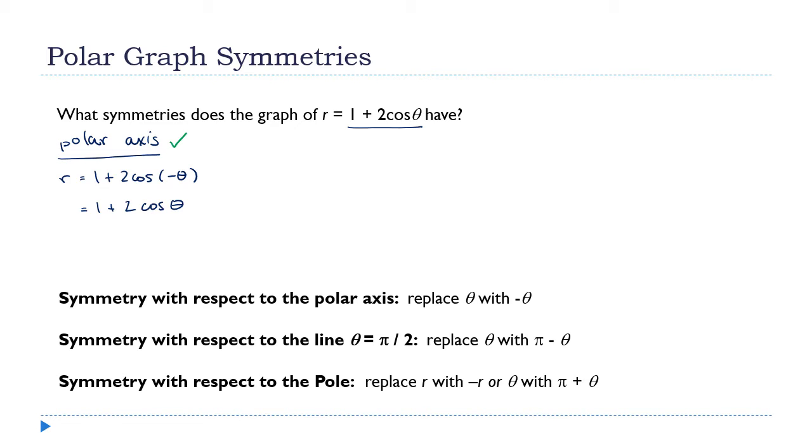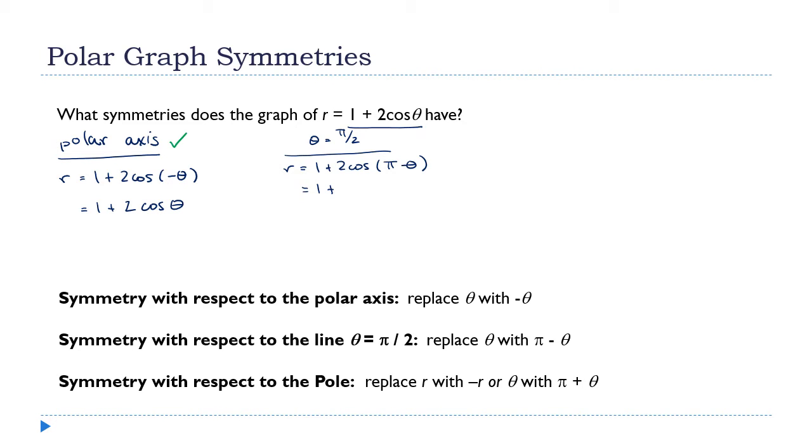All right, so how about that line theta equals pi over 2? That's the positive y-axis. To do this, I'm going to replace theta with pi minus theta. So this is r equals 1 plus 2 cosine of pi minus theta. Now I'm going to use my cosine difference formula.